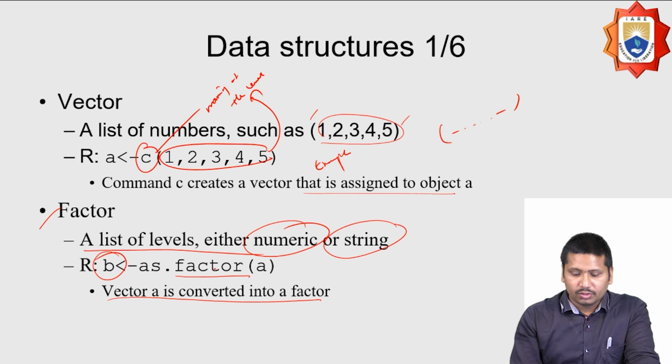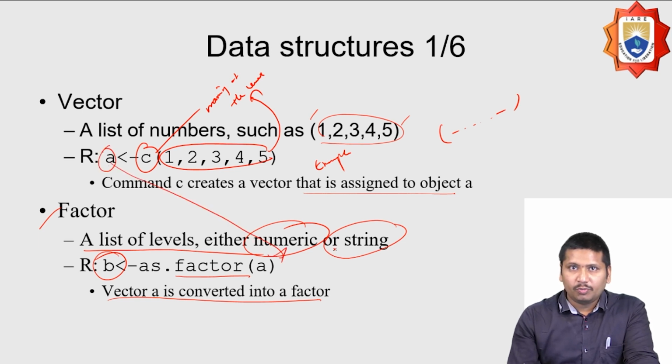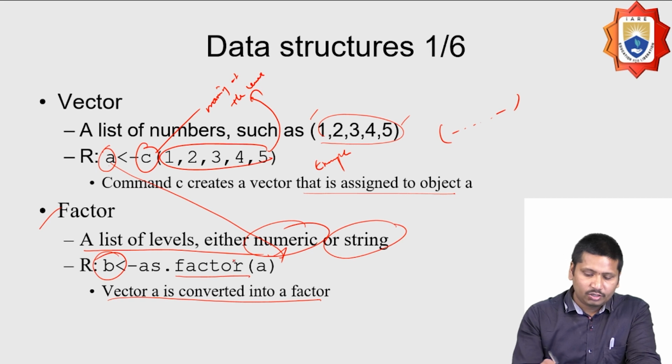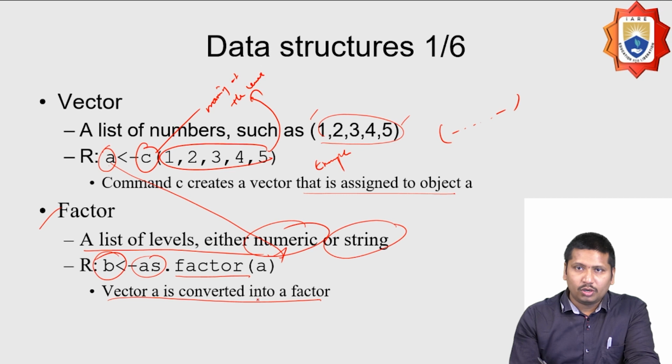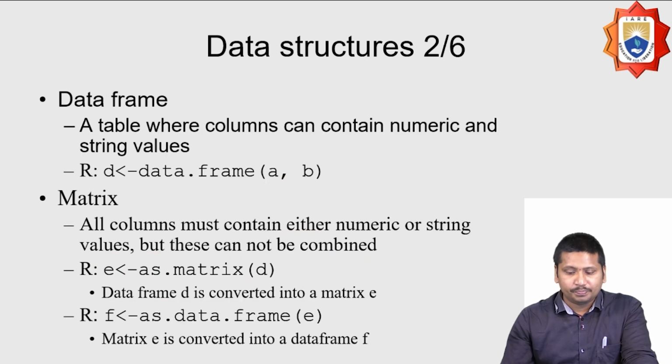This is the vector initially, right? Further, I'm going to convert the vector into a factor. So it should be as.factor of that vector name, assigned to an object. The factor should be either a numeric constant or a character, and should also be a list of values here.